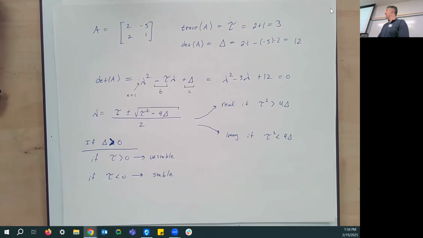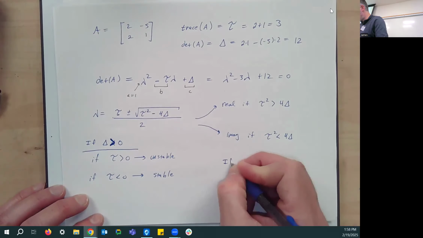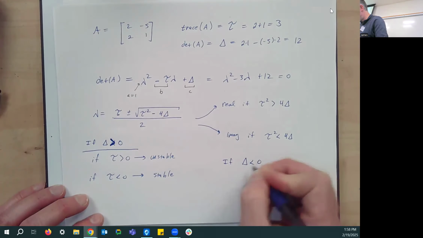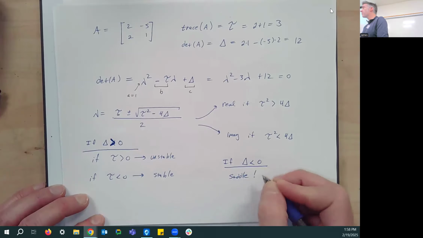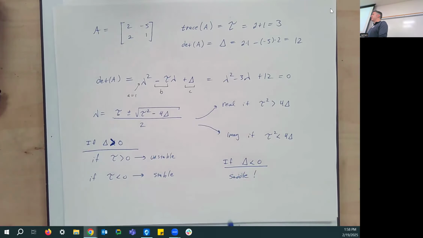There's one other thing I haven't mentioned yet, really. When do you get a saddle? Well, you get a saddle if your determinant is negative. And I think there's a really cool way of seeing this. Check this out for a second.